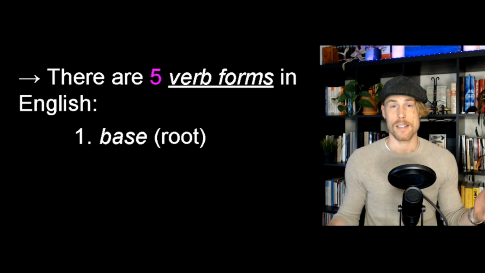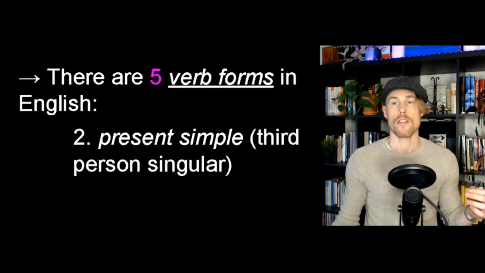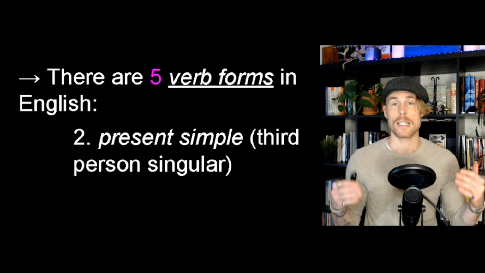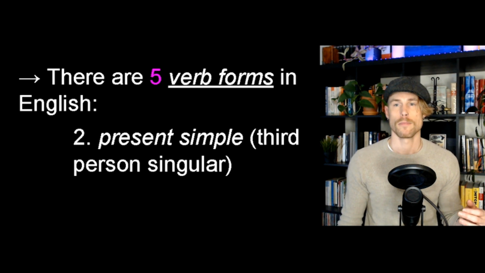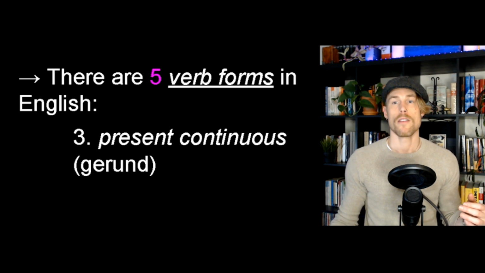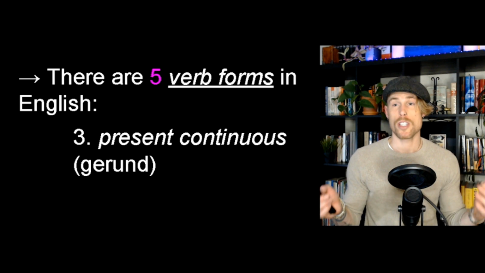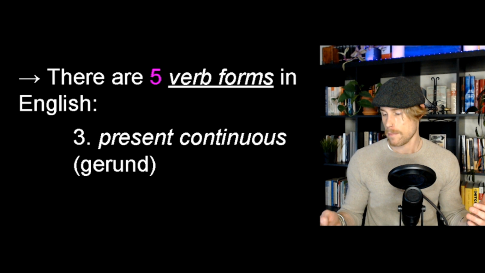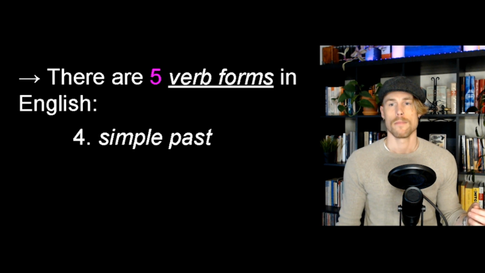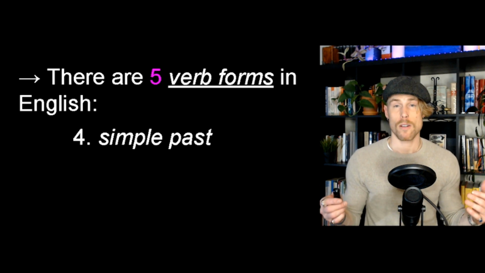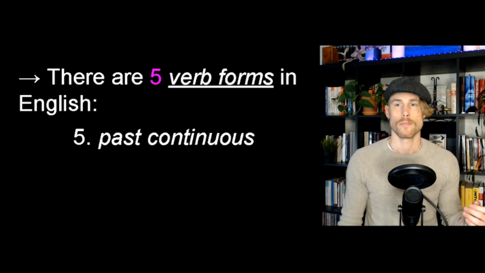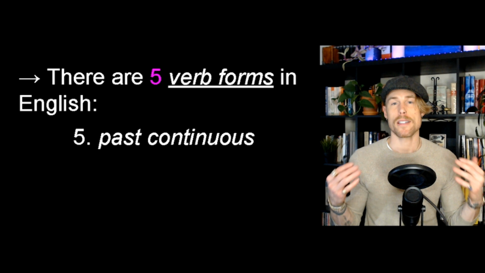The base form, or root form, the present simple form, or the third person singular form, the present continuous form, or gerund form, the simple past, or past simple, and the past continuous form.